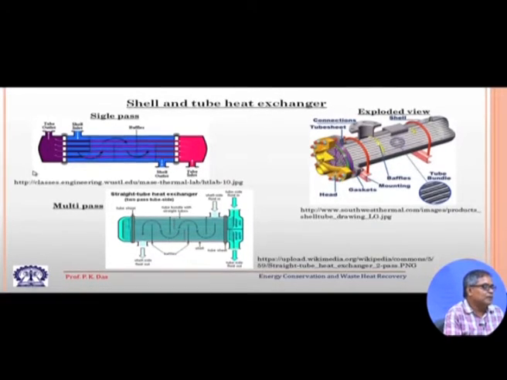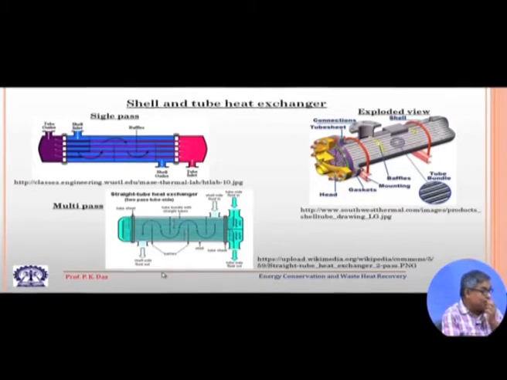The basic design of a shell and tube heat exchanger is shown here. There are two fluids, as I have told: a shell side fluid and a tube side fluid. The shell side fluid is entering from here, this is the shell inlet, and going out from here, this is the shell outlet. Then this is the tube inlet, tube side fluid is entering over here and going out of here.